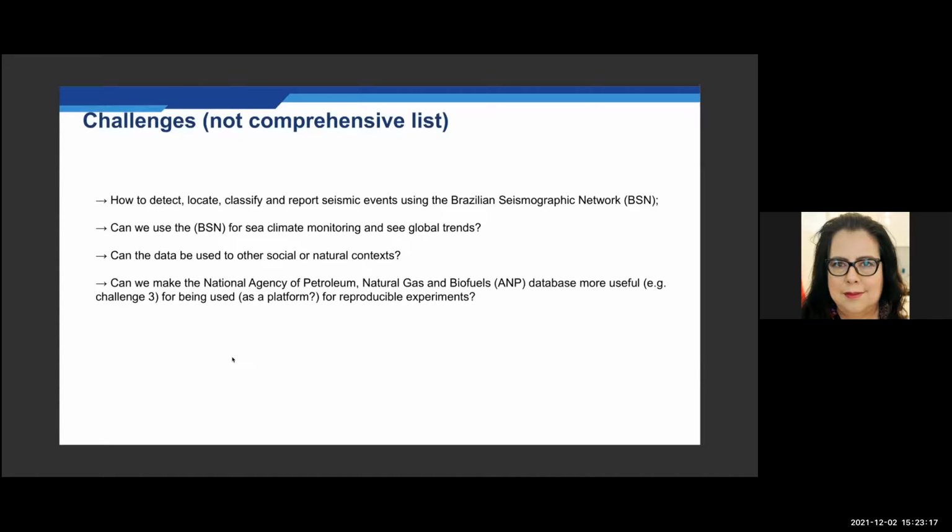We have to think about it and make it usable for reproducible experiments. That's another good question. We already have access to the data, but I don't think the data from the National Petroleum Agency is curated in such a way that we are able to ask very specific questions. We have to go a bit lower, I think we have to first organize and curate it in a way that we can ask more specific questions that may be useful for some other people.